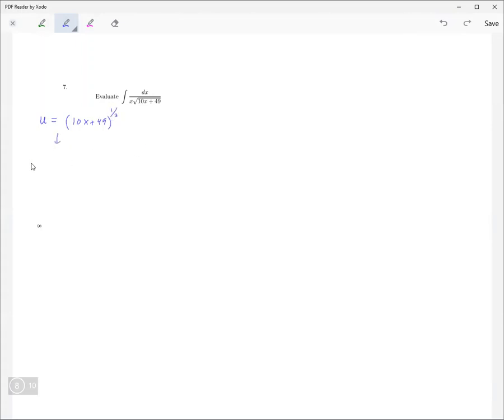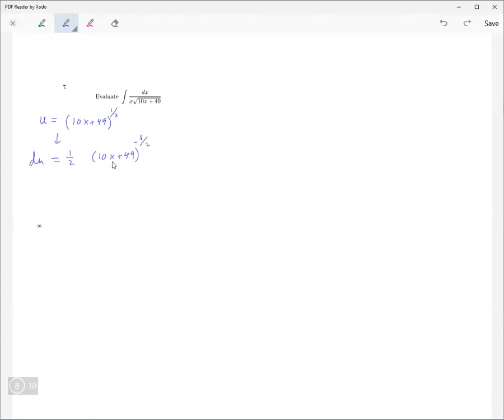So that means that du is going to be, taking the derivative here, you have this 1/2 coming down, and then 10x plus 49 is reduced by 1 power to negative 1/2.